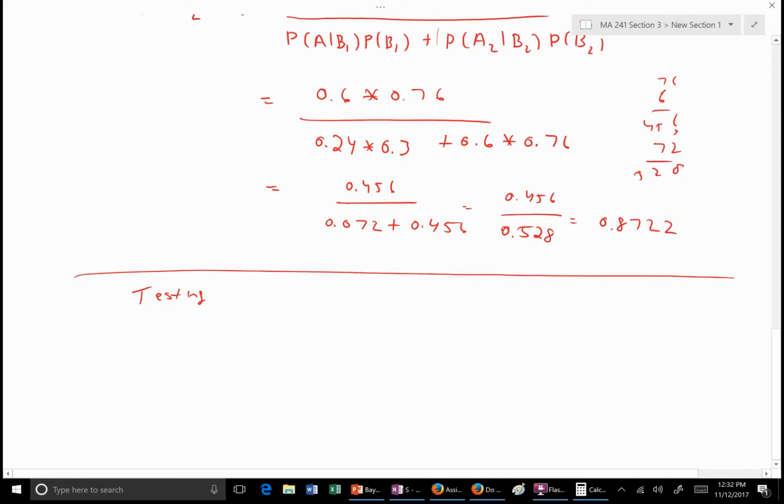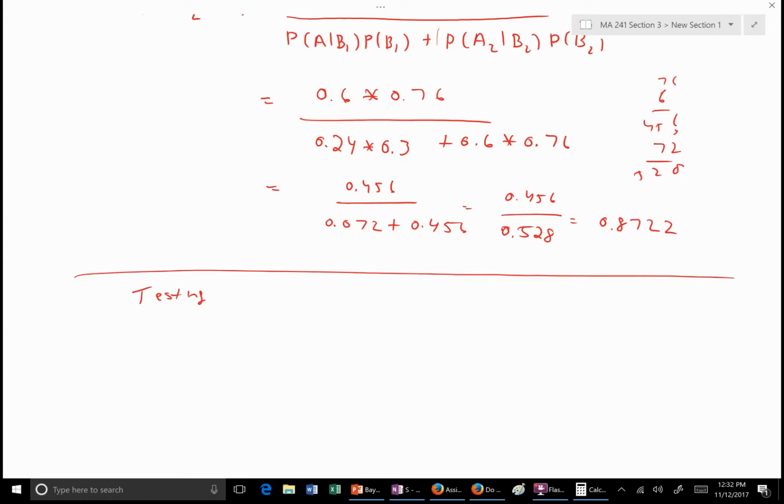And so like we mentioned in class, testing is a very general term. You could be testing for a variety of things. You could be testing for a drug like cancer. You could be testing for some sort of drug that's in a person's system. You could be testing for a part to be defective, like we did with the O-rings. There's all sorts of testing, okay?